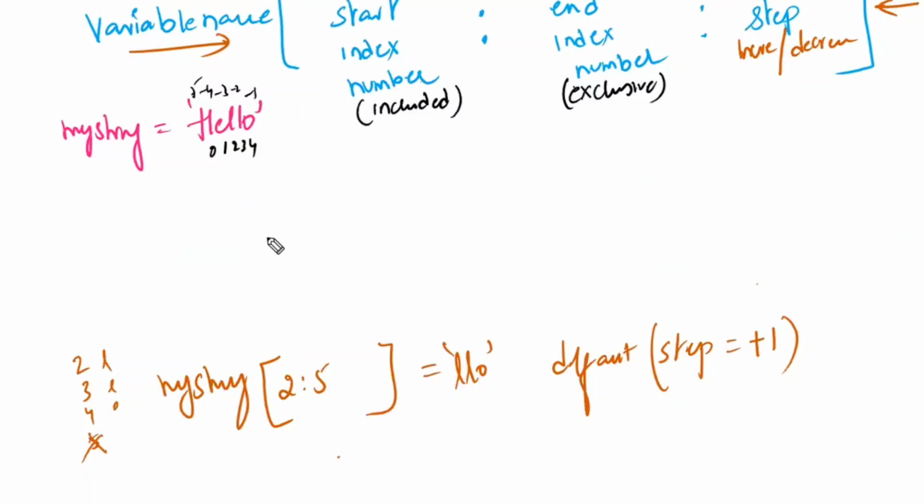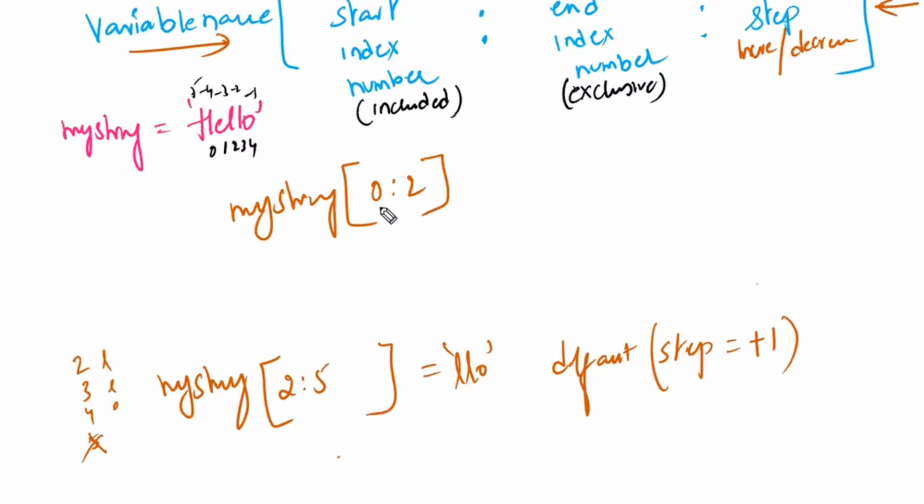Now, my string of, I have written like this, 0 to 2. But from my perspective, this is the end and this is the step. How will Python understand that?